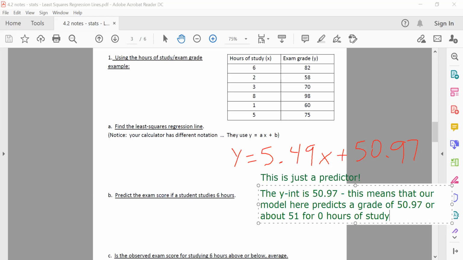But that's not perfect. You could have a super genius who didn't study at all, walk into the exam and get 100 on it. That's possible. But on the whole, that's not going to happen very often. You could have someone with 0 hours of study come in and get a 30 on it. So the 51 is not the exact grade someone's going to get, it's the predicted grade.